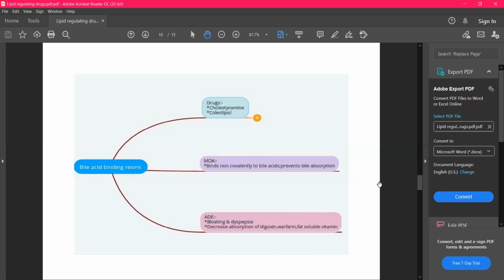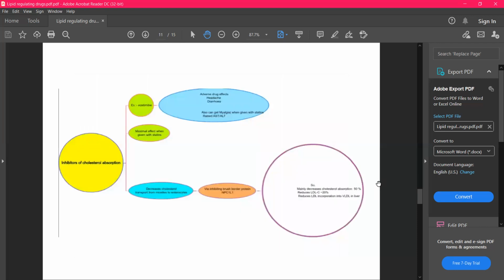Now, it's not mentioned here because it's a nice to know fact. Those who are on levothyroxine, what you take in hypothyroidism, it's advised these patients should take levothyroxine 1 hour before or 4 to 6 hours after you take resins.